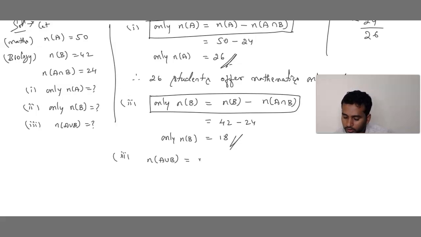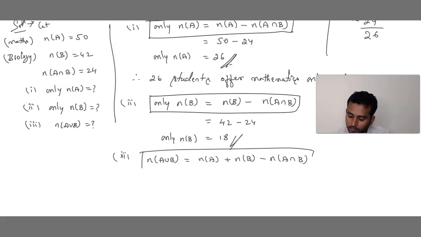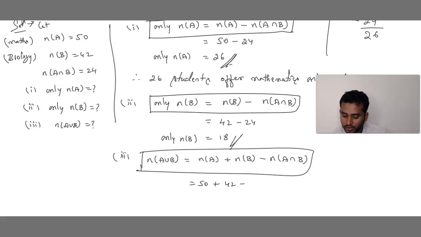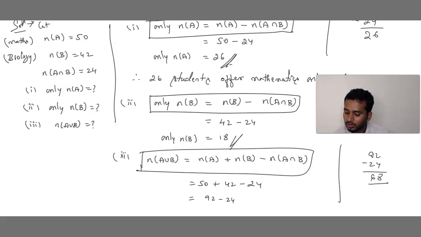If not, you can use directly n of A plus n of B minus n of A intersection B. How much is n of A? 50. n of B? 42. n of A intersection B? 24. 50 plus 42? 92. Correct? It is 92 minus 24. 12 minus 4 is 8. 9 minus 2 is 7.